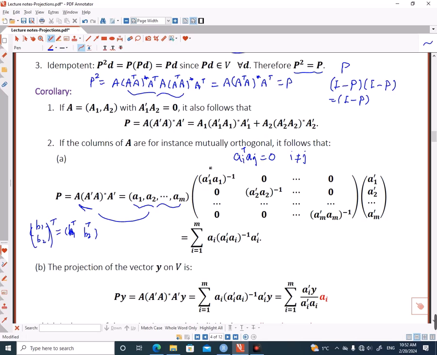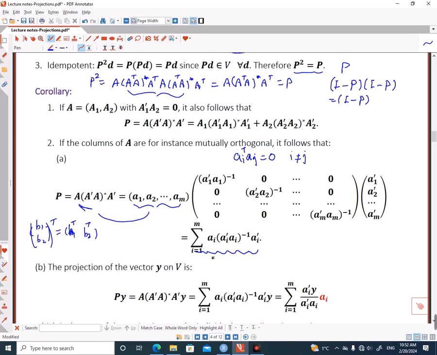Multiply this vector with this vector and then with this one, so we can easily get this formula. So for the projection, this is the important condition: if I have mutually orthogonal vectors, then I can simply write it as a sum of multiplications of vectors.